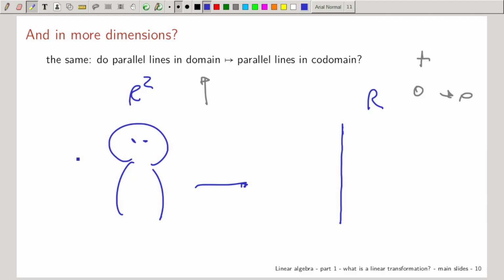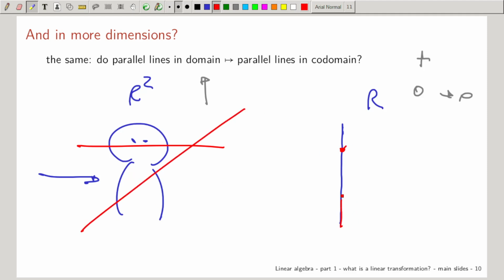If I start here, here, here, where do I go? Depends on what I'm taking. If the compression direction is this one, this gets into a point. This one becomes everything. True? Do we see it?